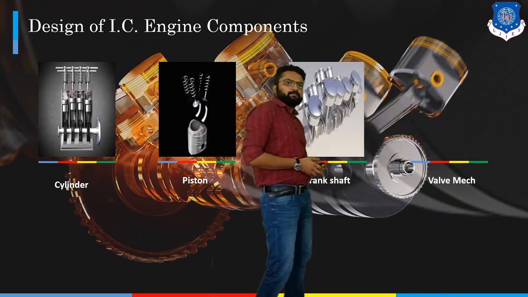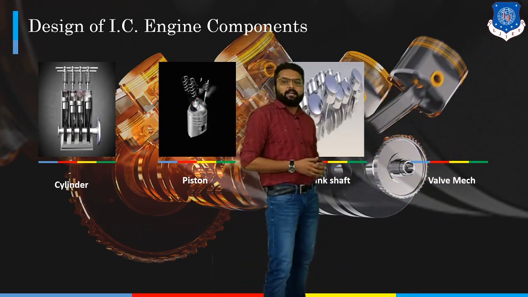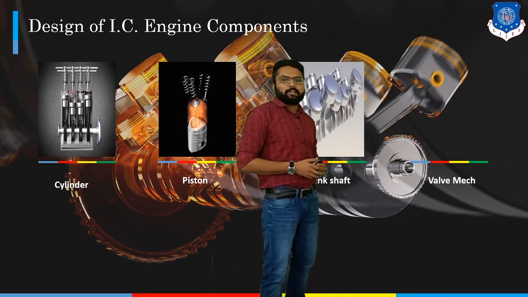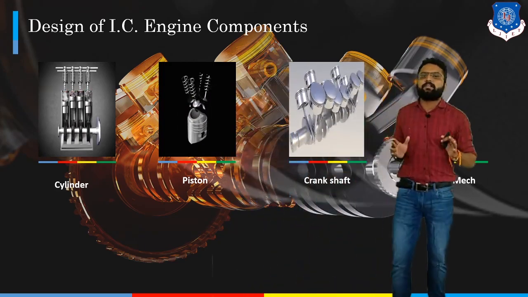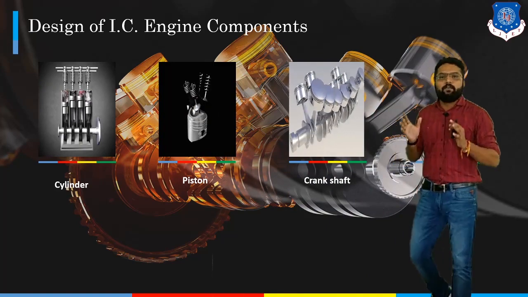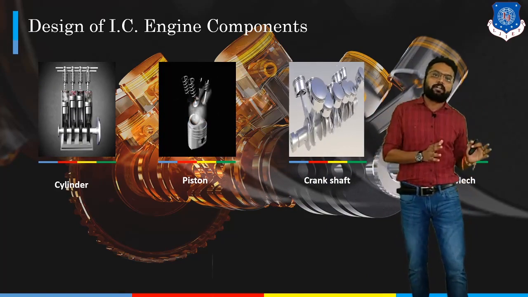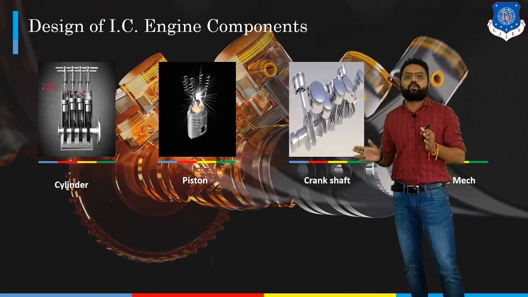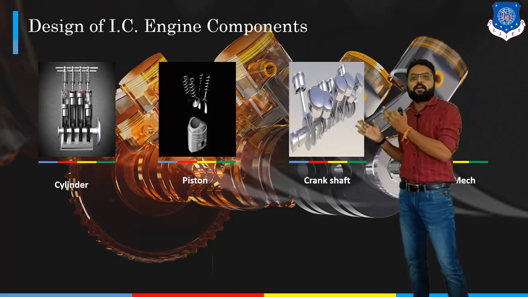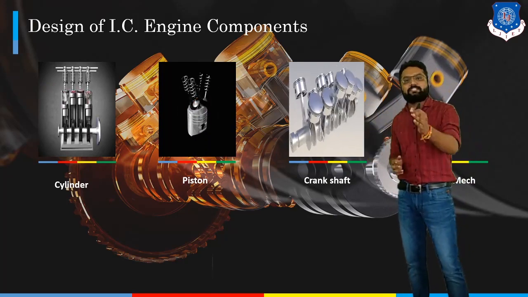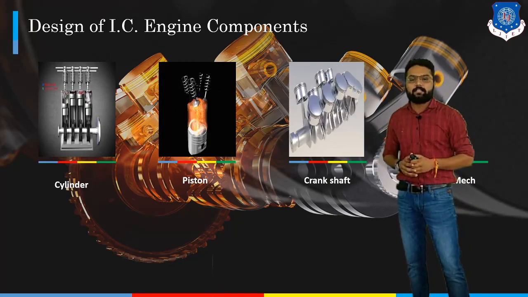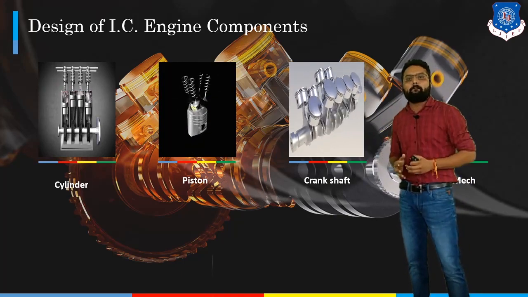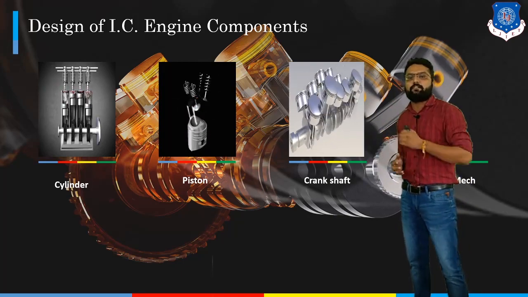After that, the most complex part, which is to design a crankshaft. Crankshaft is a component which comes under complex types of stresses, which are non-coplanar, non-concurrent forces, and the main source of force here in the case of crankshaft is going to be gas pressure rather than anything else. So ultimately the most complex part of design is the design of a crankshaft.